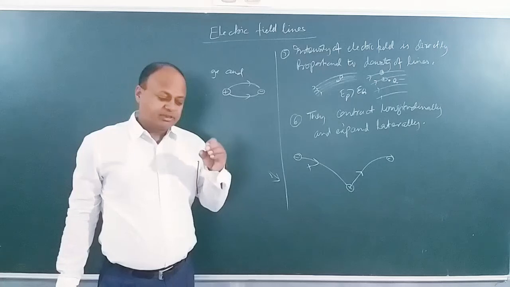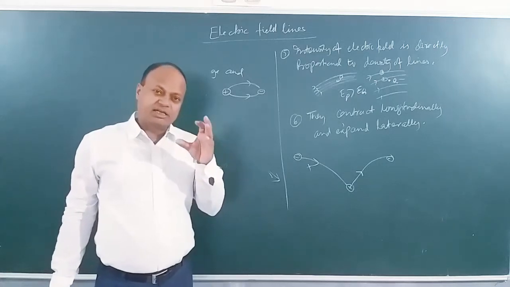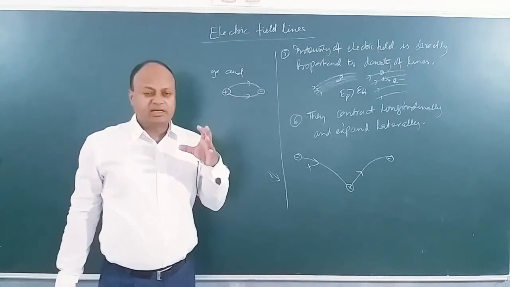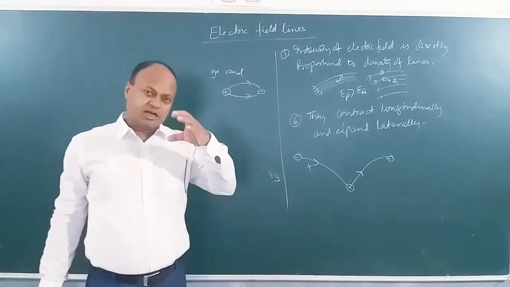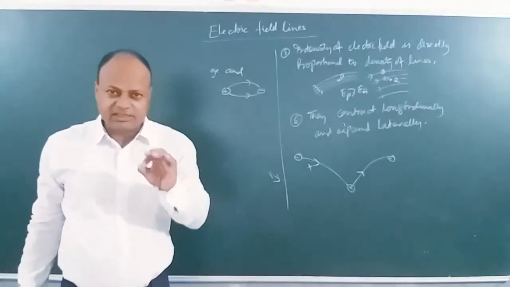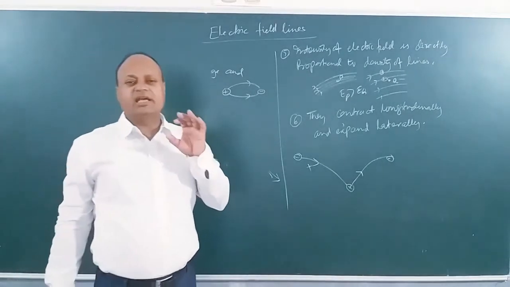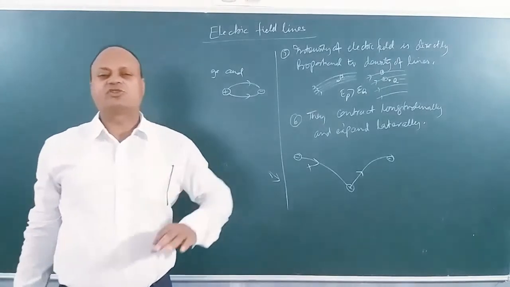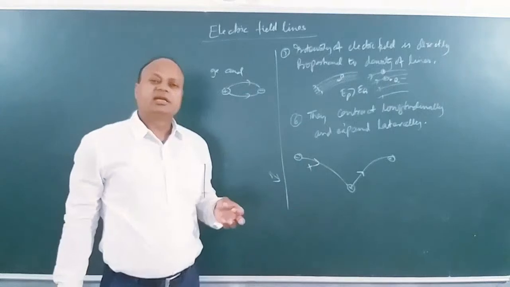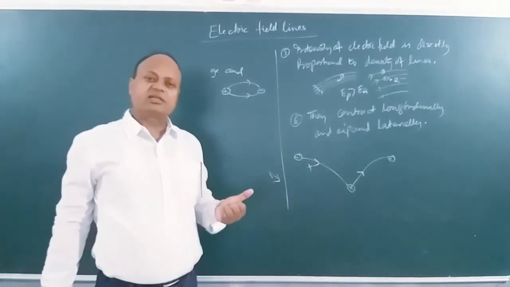Similarly, whenever there is a charge, electric lines of force or electric field lines also emerge from there. If it's positive, they are coming out, and if negative, they are going inside. So the gist is that wherever there is electric field, there has to be electric field line. We cannot imagine electric field without electric field lines.